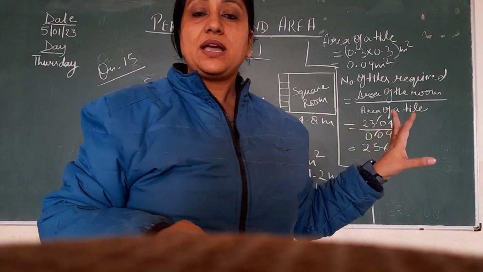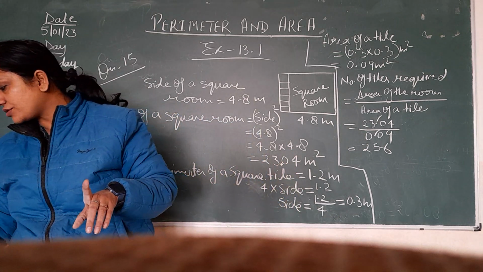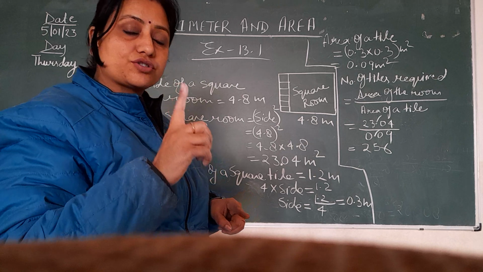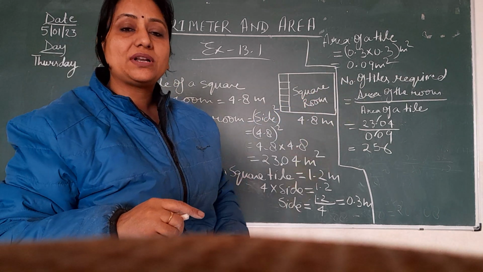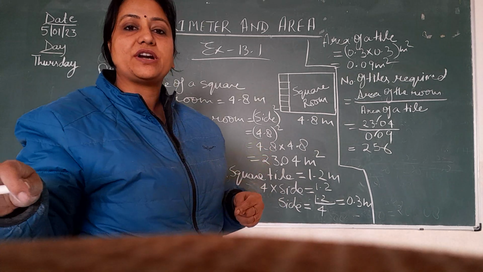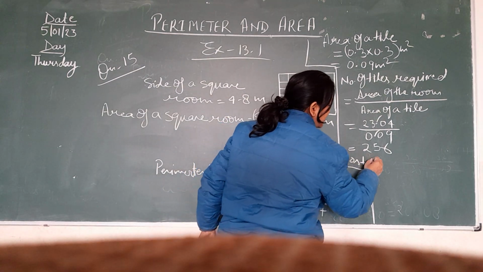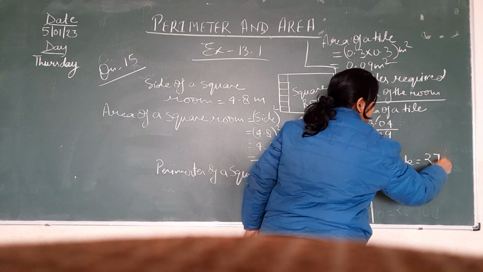256 tiles. Now find out the cost of covering the floor if the cost of each tile is 27, then find out the total amount to put the tiles in this particular room. So cost of one tile is equal to 27.